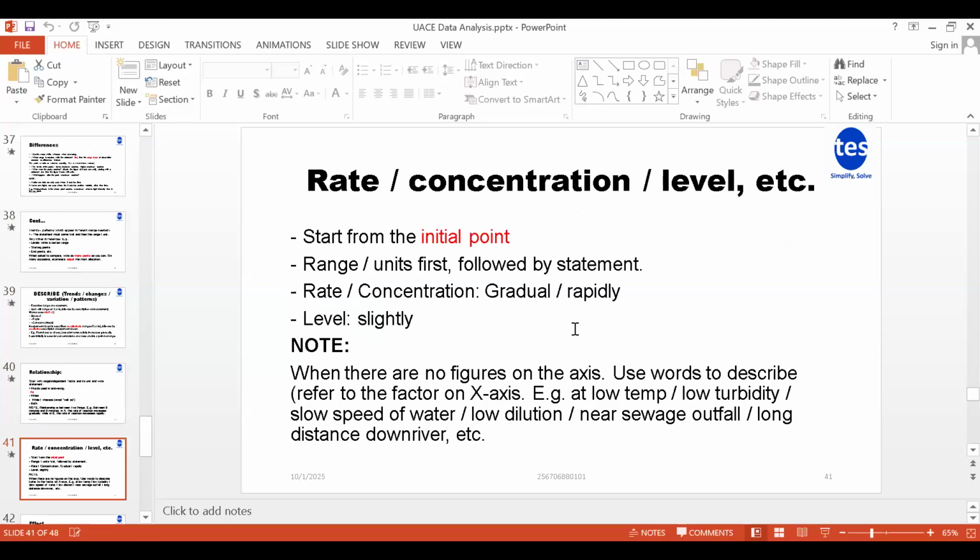Here we say that for levels you can use slightly. But if it is rate and concentration, you can use gradual, rapid. But for levels, we can use slightly, but still we can use gradual and rapid, okay, as our points.